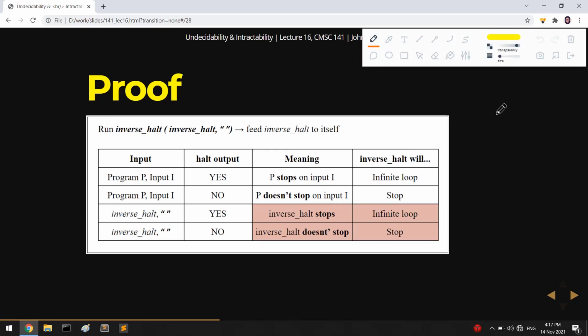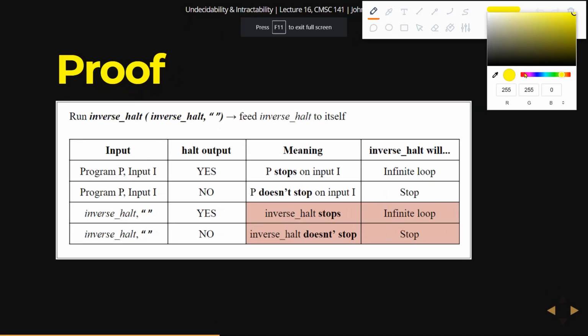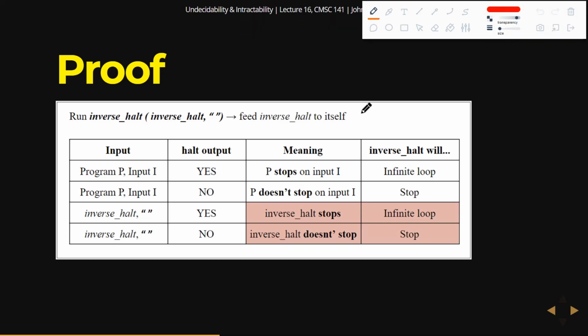Let's see. At the start, if you have program P and input I, if halt outputs yes on this program and input, that means that P stops on input I, right?